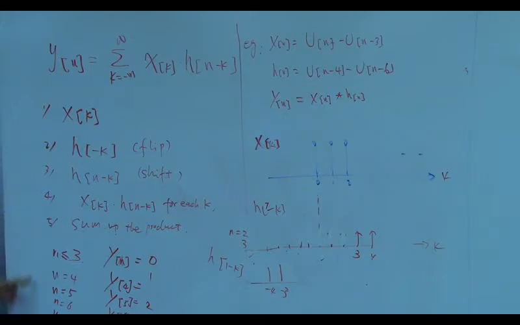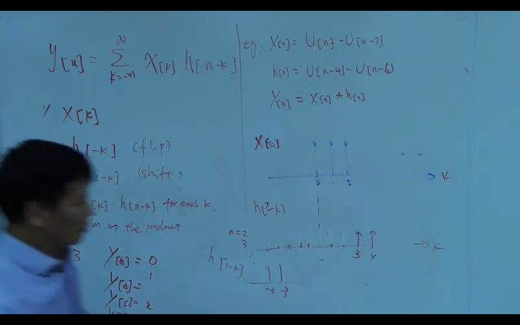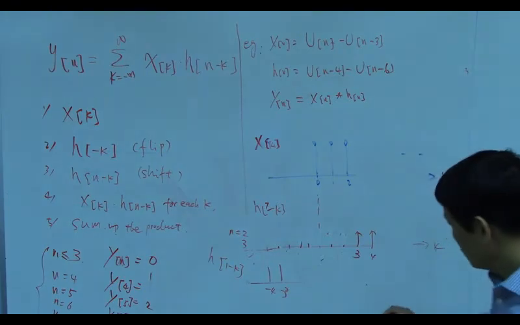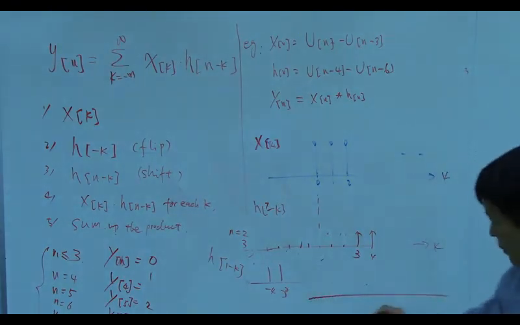That is what I want from you. If I ask you to plot this output, what would the output look like? This one is n. The output is a function of time.